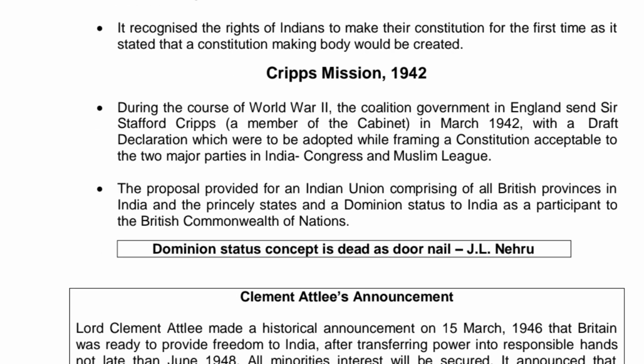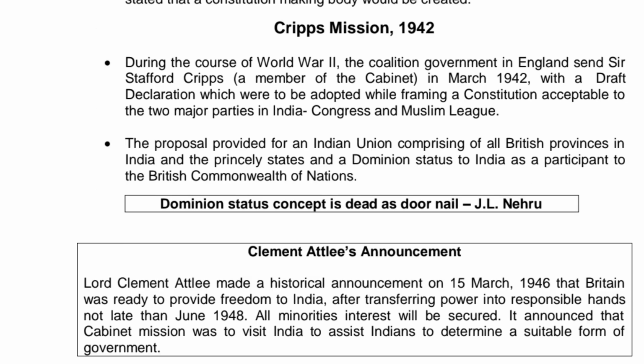Cripps Mission, 1942. During the course of World War II, the coalition government in England sent Sir Stafford Cripps, a member of the cabinet, in March 1942, with a draft declaration to be adopted while framing a constitution, acceptable to the two major parties in India, Congress and the Muslim League.